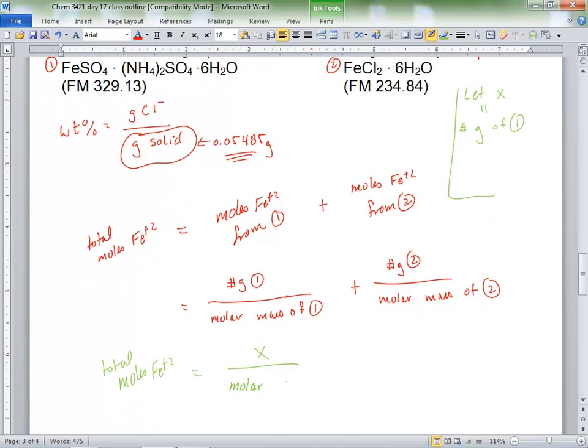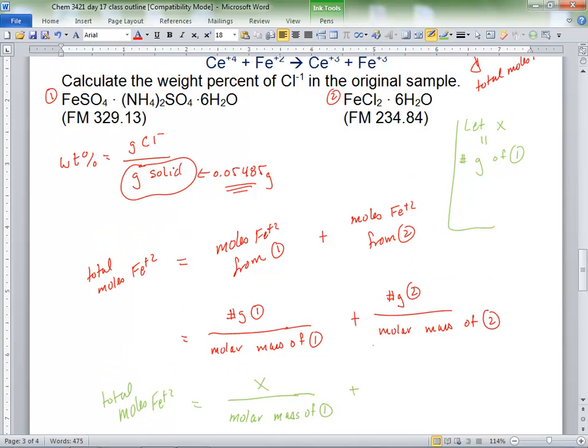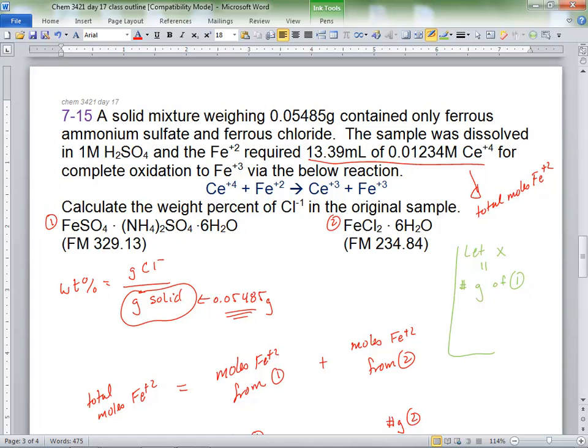Let's make our big plan. Molar mass of compound 1 plus... Well, if X is the mass of compound 1, what's the mass of compound 2? Remember the trick? They said total minus compound 1. Yeah, it only contains those 2.